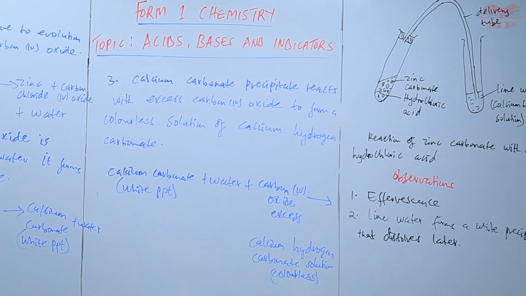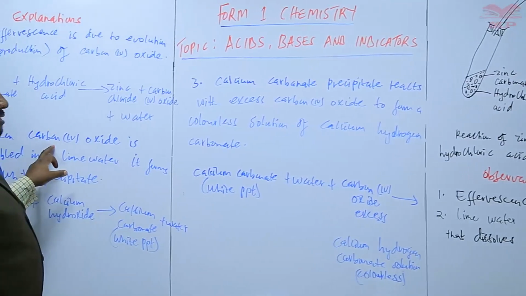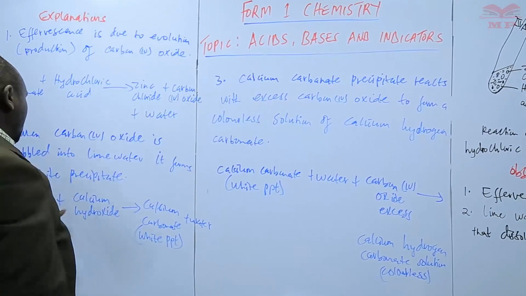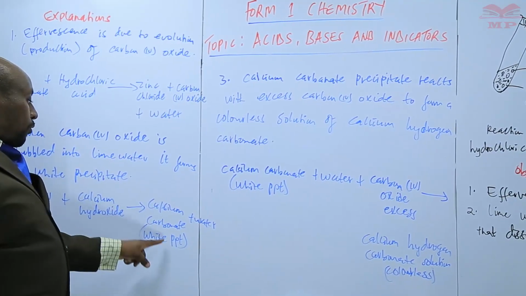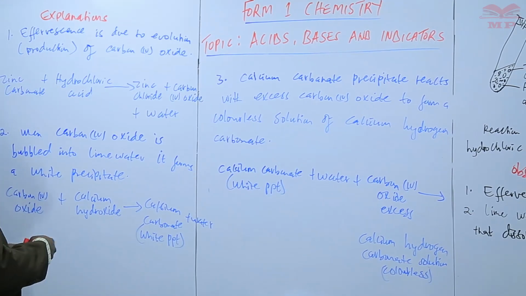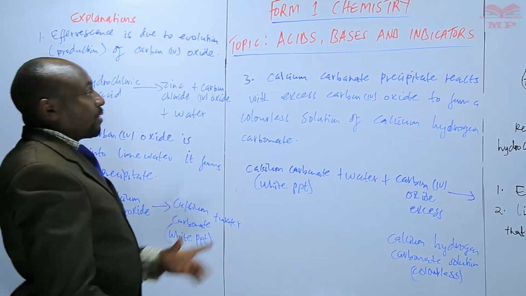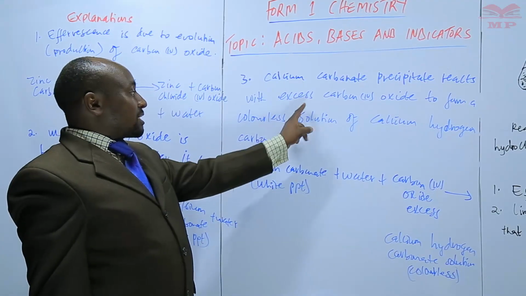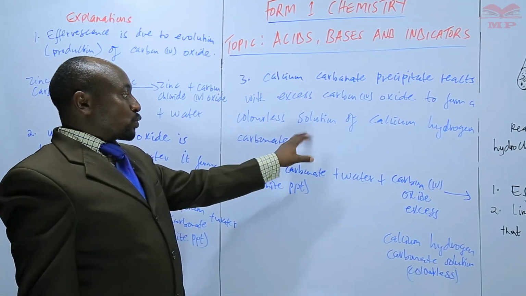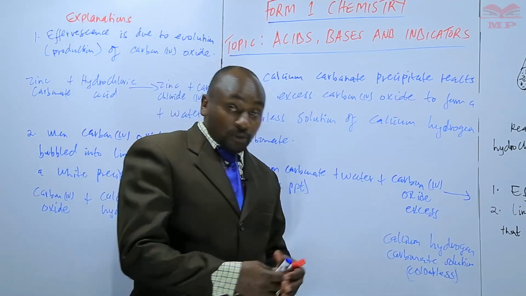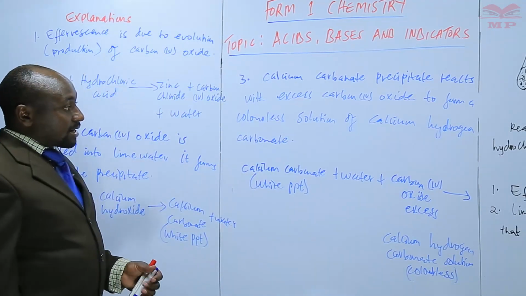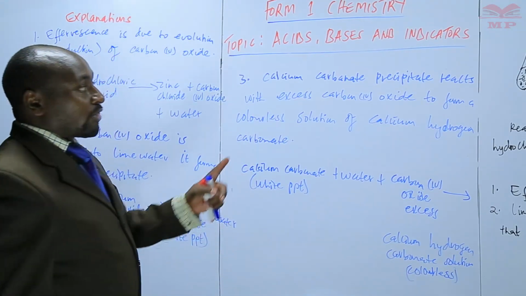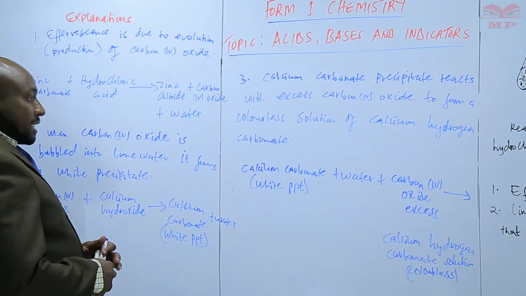Two, the carbon 4 oxide reacts with the lime water, which is calcium hydroxide, to form a white precipitate. The third, the white precipitate reacts with excess carbon 4 oxide to form a colorless solution. So it therefore dissolves.